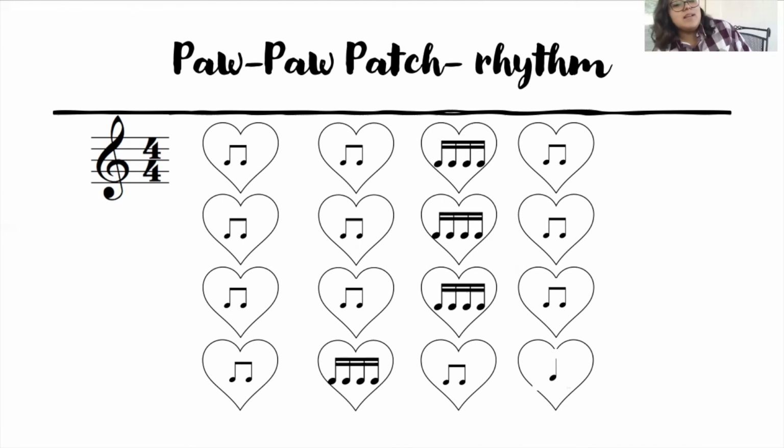Different. You are correct. Let's do it together. 1, 2, read carefully. Here we go. Ti, ti, tika, tika, ti, ti, ta. Practice that again. Here we go. Let's see. 1, 2, try again. Here we go. Ti, ti, tika, tika, ti, ti, ta.